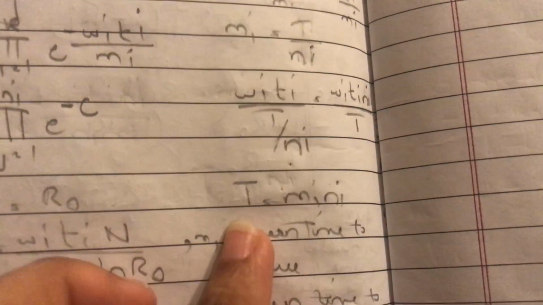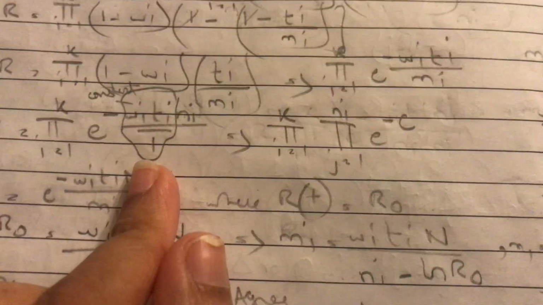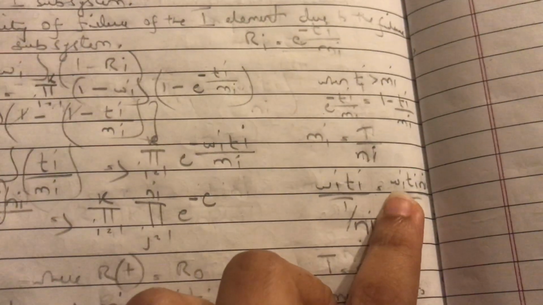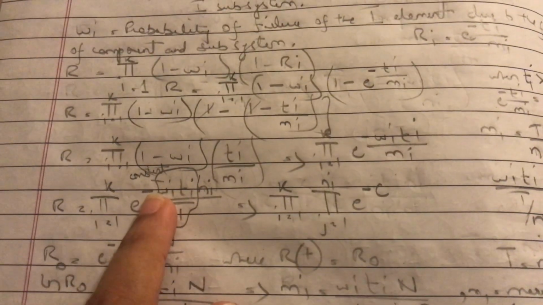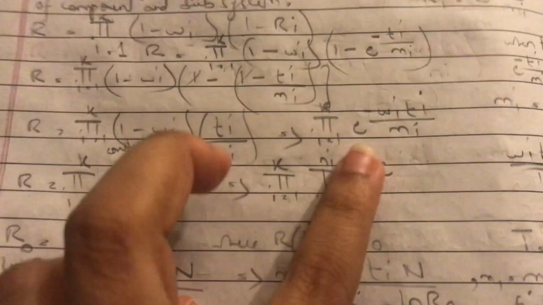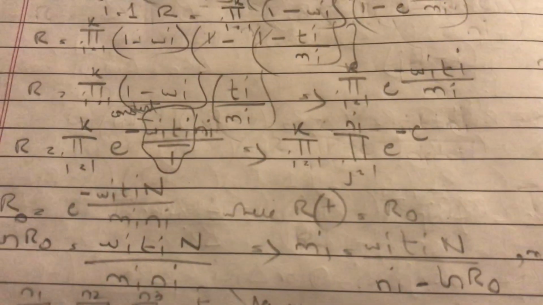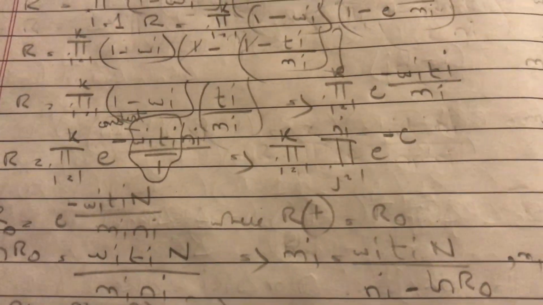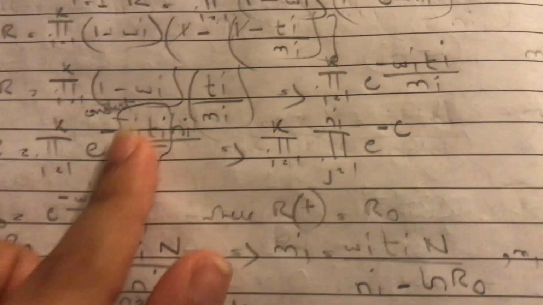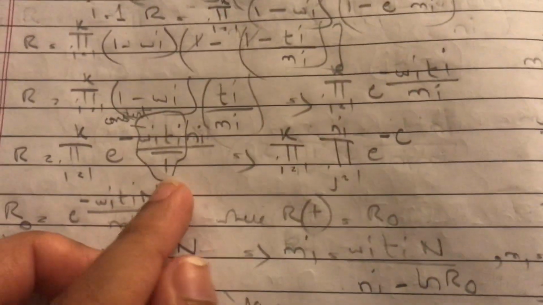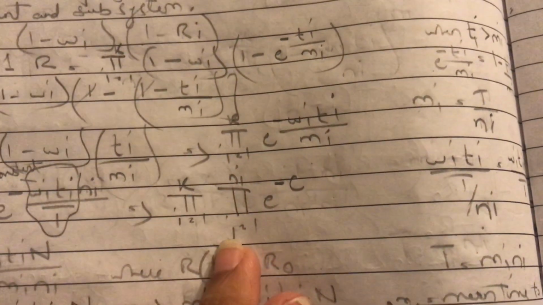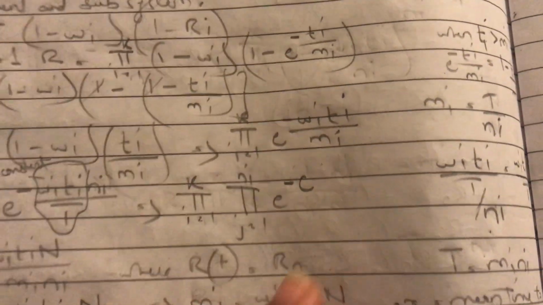Okay, now what's next? It's done till here, so we put this thing over here. You can see that it's the same: Wi Ti Ni over T, and this minus comes the same, so we create it like this. One more thing we can say is that these three characters are constants, so we create a constant here, and we have again a limit of j going from 1 to Ni.